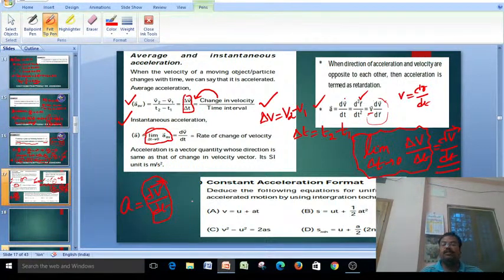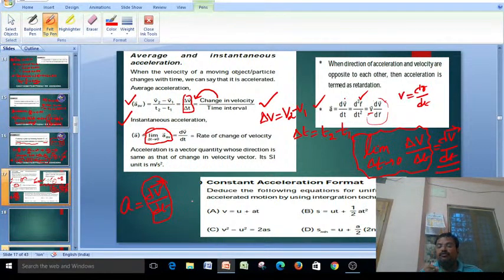That is v is equal to u plus at, s is equal to ut plus half at square, and the third equation is v square minus u square is equal to 2as. And the fourth one is a new constant acceleration equation.